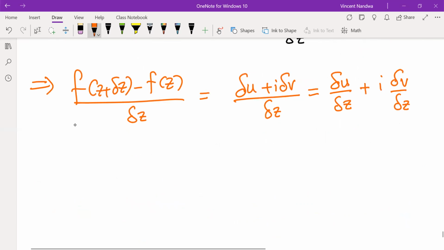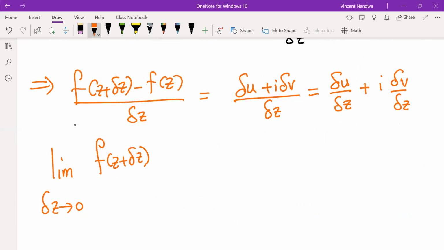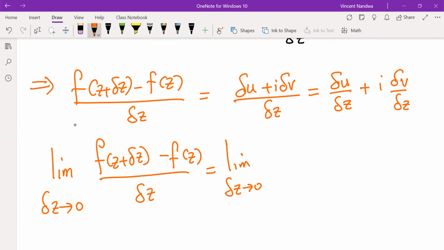So therefore, the limit as delta z approaches 0 of f of z plus delta z minus f of z divided by delta z will be the limit as delta z approaches 0 of what we have already found to be delta u over delta z plus i delta v over delta z.